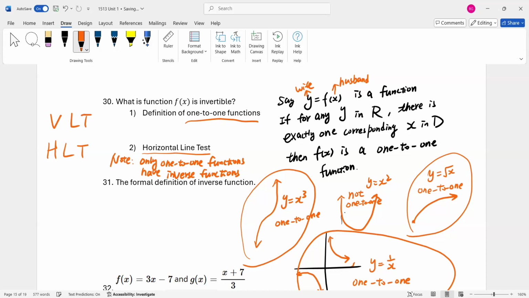At this point, we don't know what an inverse function is. Just think about it: a function has an inverse function means the function is invertible. The function is invertible. What does that mean?